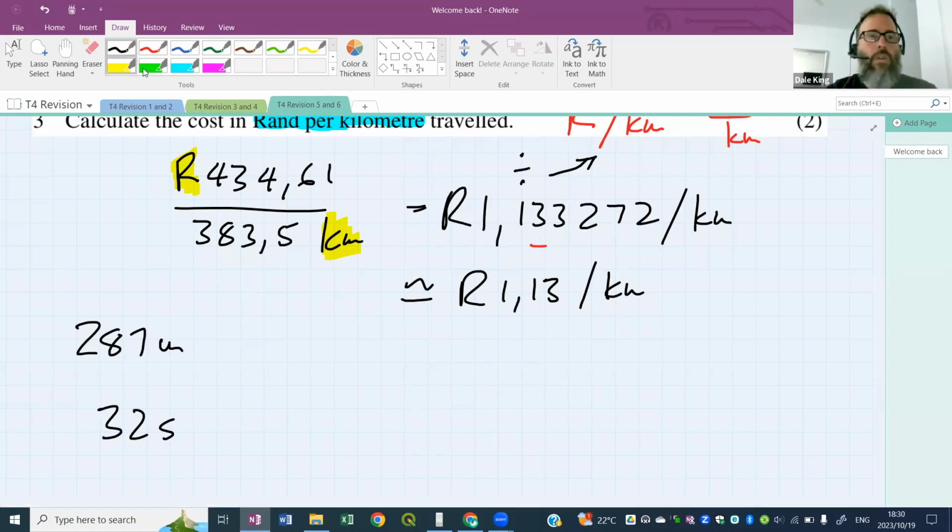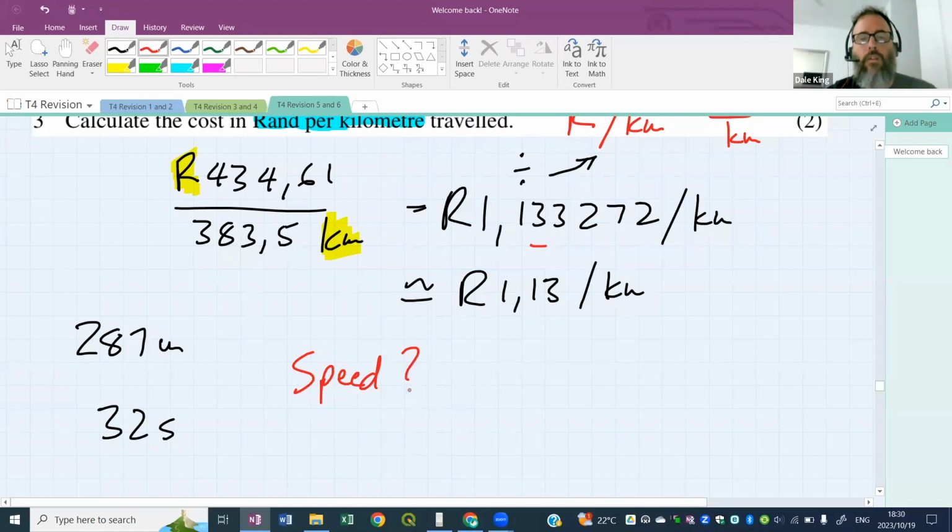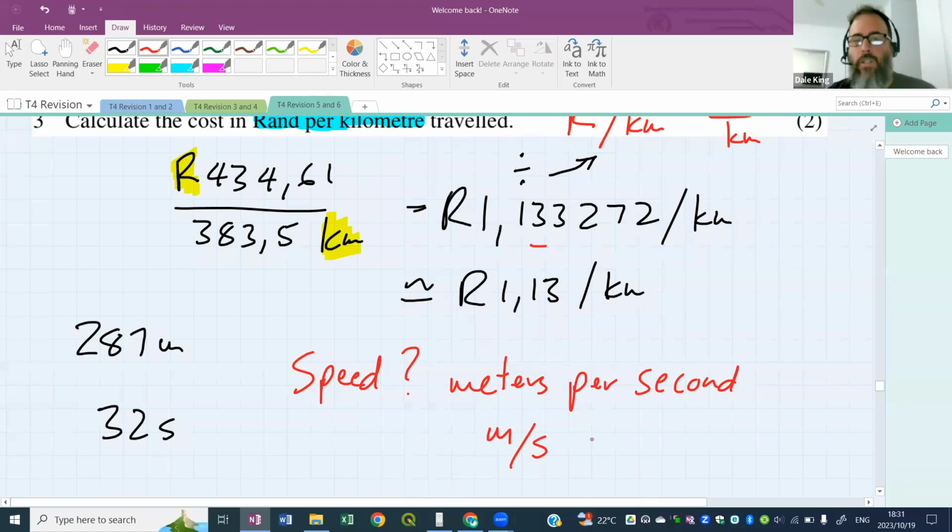And the question said, what is the speed in meters per second? Meters per second is m/s, and that slash is actually division.